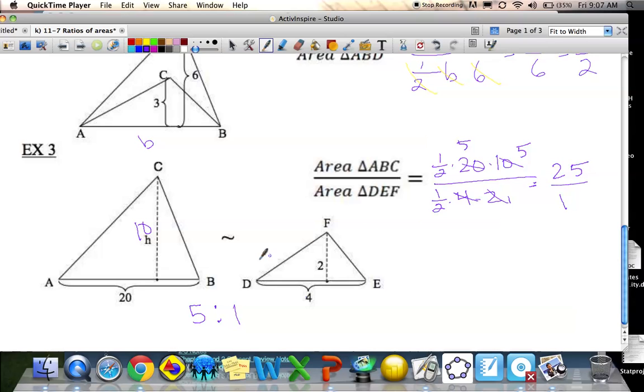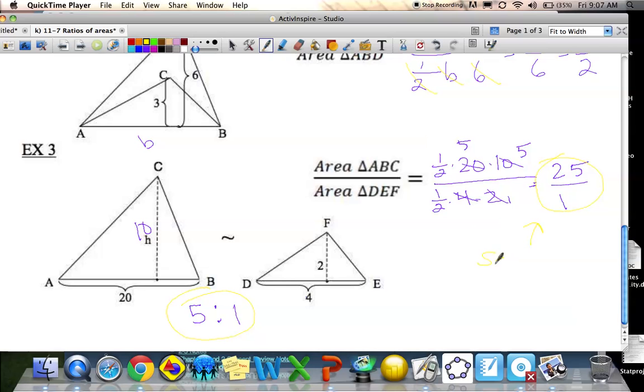So can you examine this and see what the ratio of their areas is if two triangles are similar? Well, 25 and 1, and 5 and 1: this is the ratio of the squares of the scale factor.